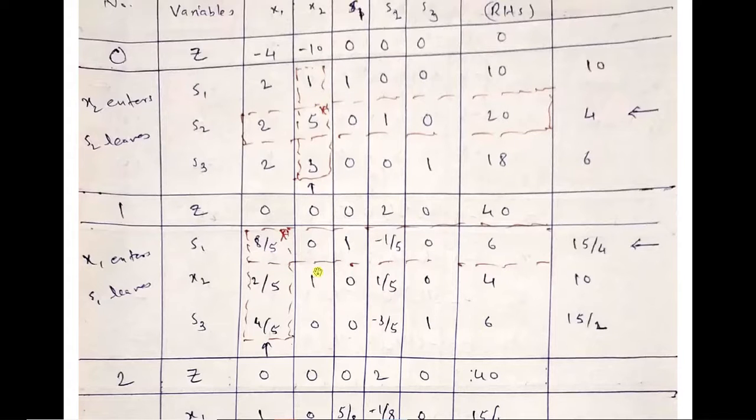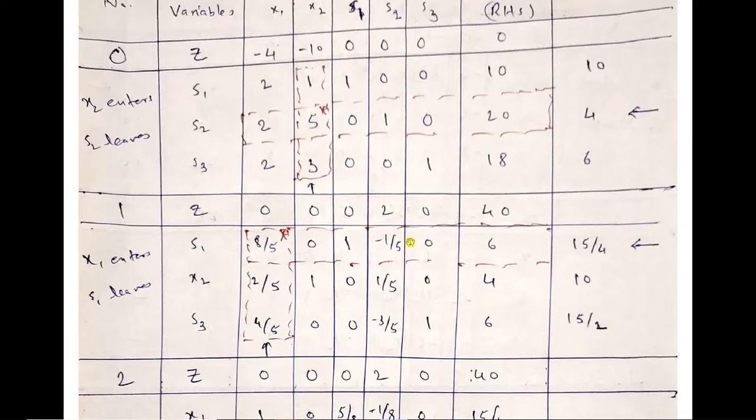Then 1 minus 1, 0. 1 minus 0, 1. 0 minus 1 by 5, minus 1 by 5. 0 minus 0, 0, and 10 minus 4, that is 6. And for s3, it is 3. So we'll multiply x2 by 3 and subtract from s3. So in s3 the operation is s3 minus 3x2. So these are the entries.